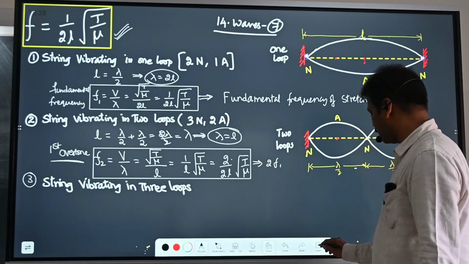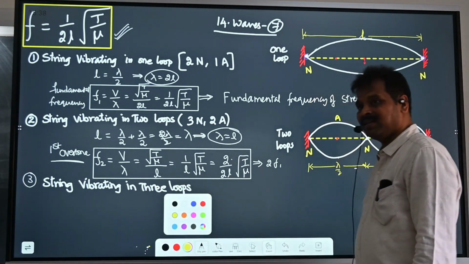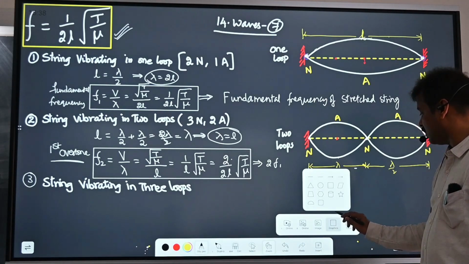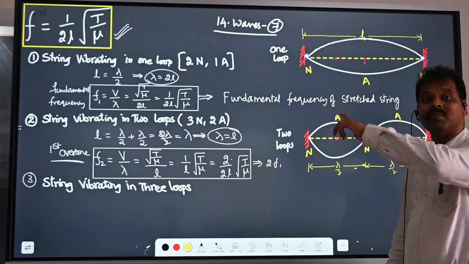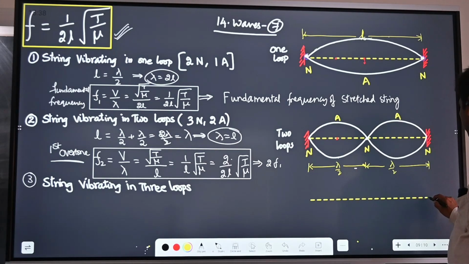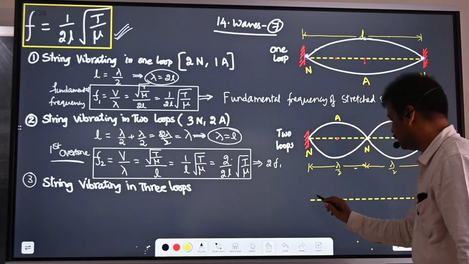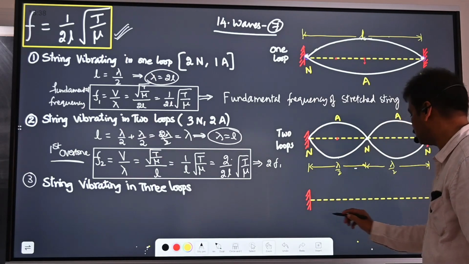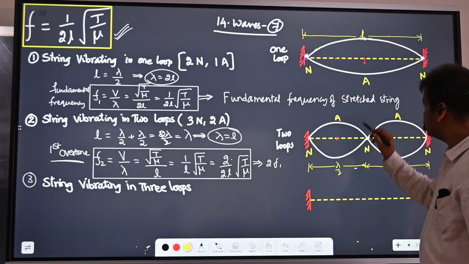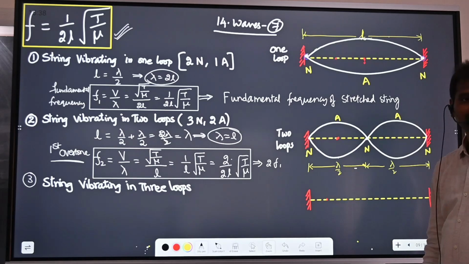Now we will draw the diagram for the same string only. I am not changing the string. What is the only change that I am doing now? I will change the point of plucking. So same string, and then these are the fixed ends. This is the fixed end on the other side. Instead of plucking here and here, I will pluck now here.